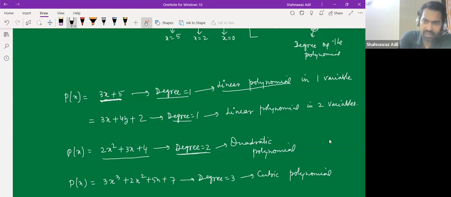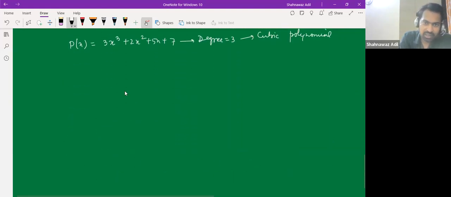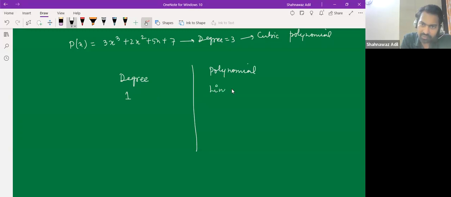So let us write that. If we have degree on this side and polynomial on this side: if we have degree 1, this is linear. If we have degree 2, this is quadratic.